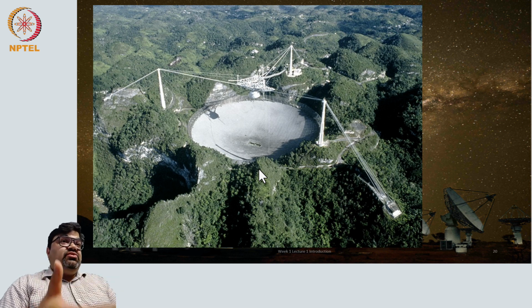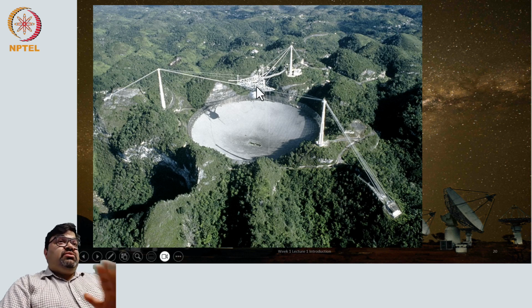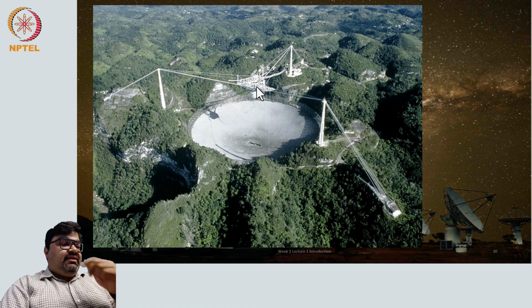It cannot move like the Parkes. However, there are different maneuvers with the central feed system. So the rays come, reflect on the dish, and get collected by the central assembly. And you can move and orient them to point to different parts of the sky, but in a limited fashion.